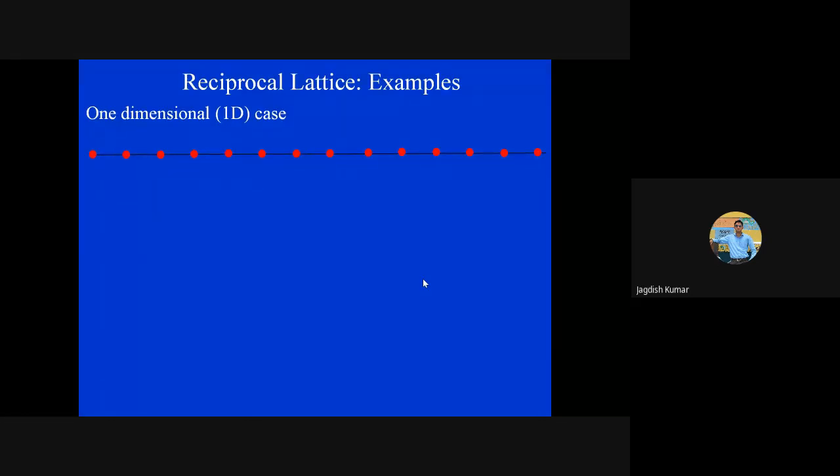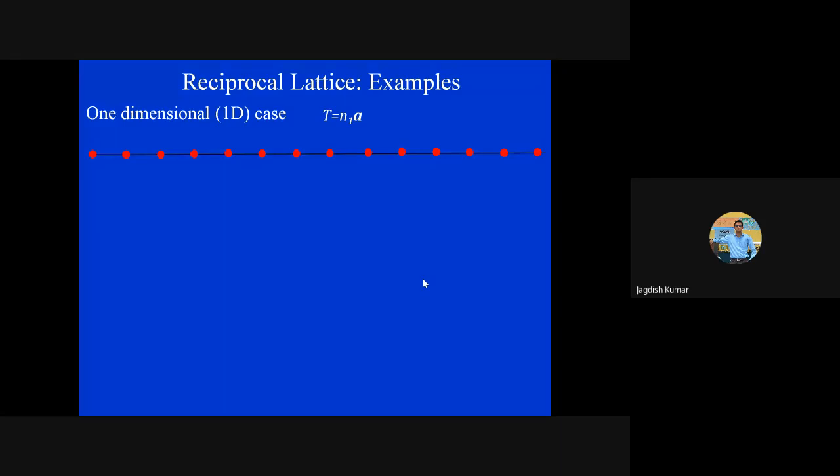Let us assume we have a one-dimensional lattice, which is nothing but a periodic arrangement of points. Here these red dots are representing a one-dimensional lattice. We have enlarged the points to look like bigger dots on the screen, otherwise we can't see them with the naked eye. I hope you know all this.